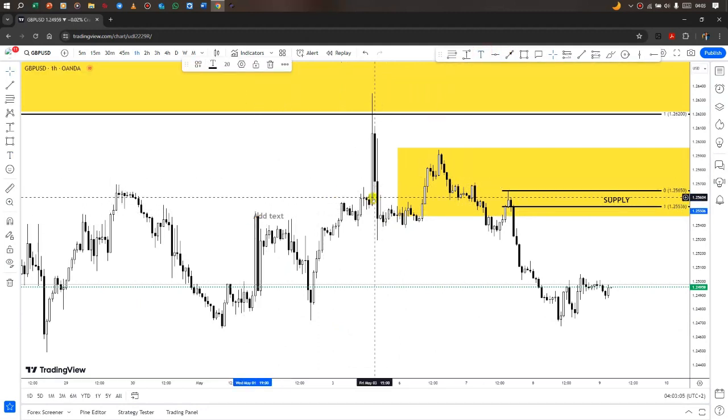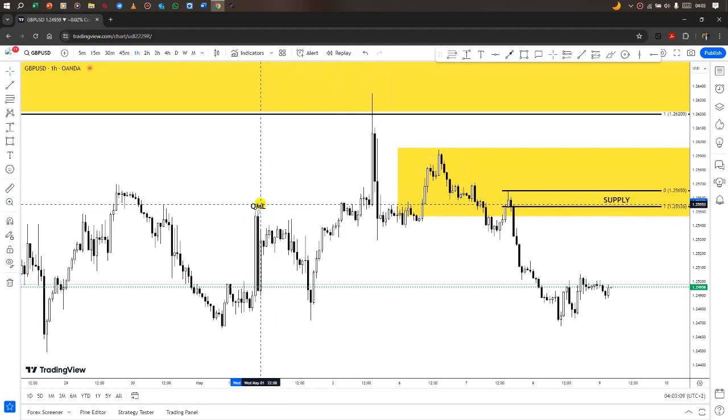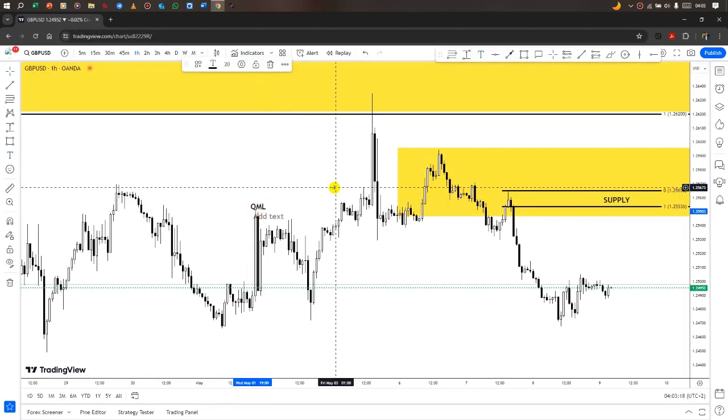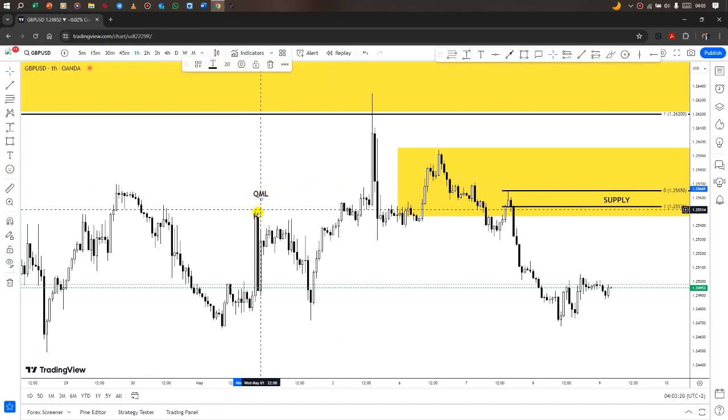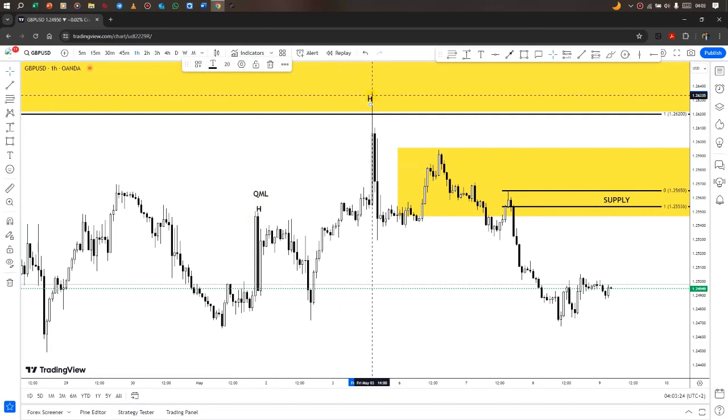Okay, even though it doesn't look like the usual ones that we are used to, it's a QML. As you can see, this was our high. There's the last high before the higher high. Then we had our higher high here.